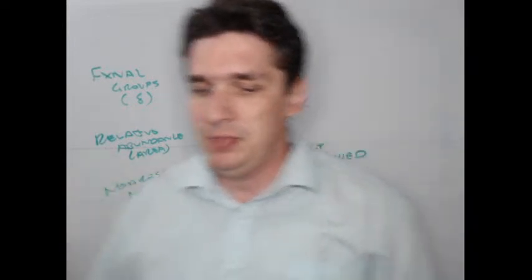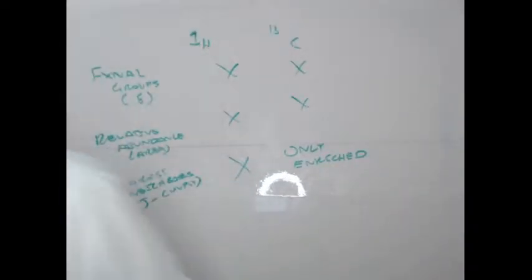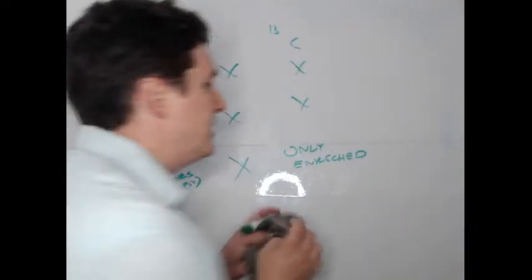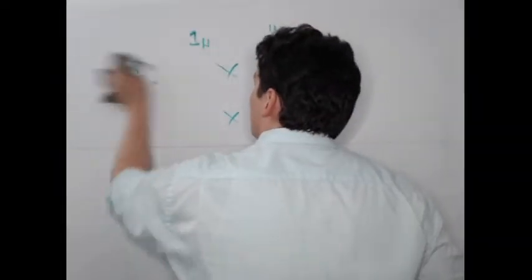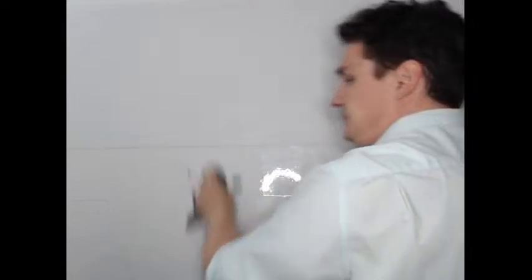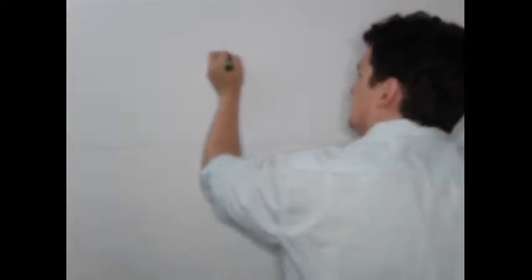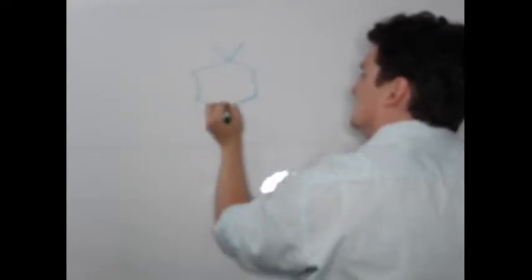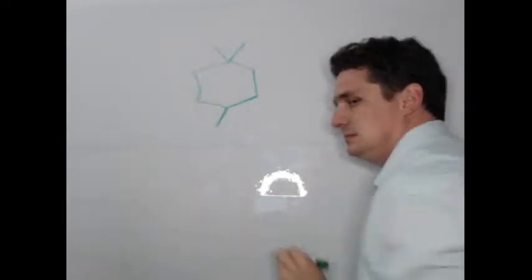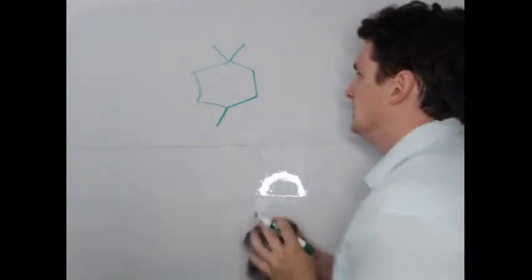So, big thing with NMR, it is better to start with a model than it is to try and reverse engineer it from the spectrum. So let's say we have something like that's a little too complicated.